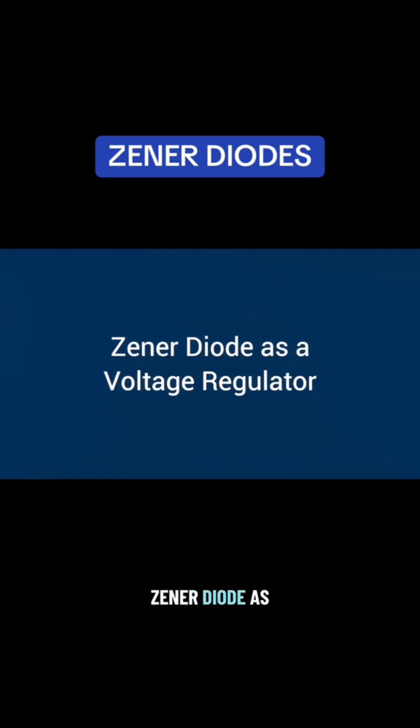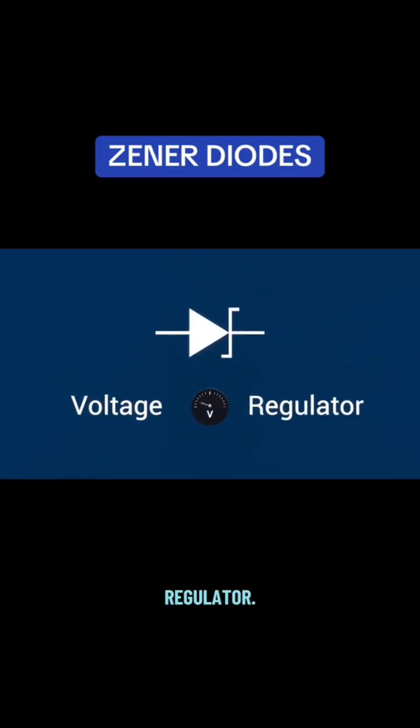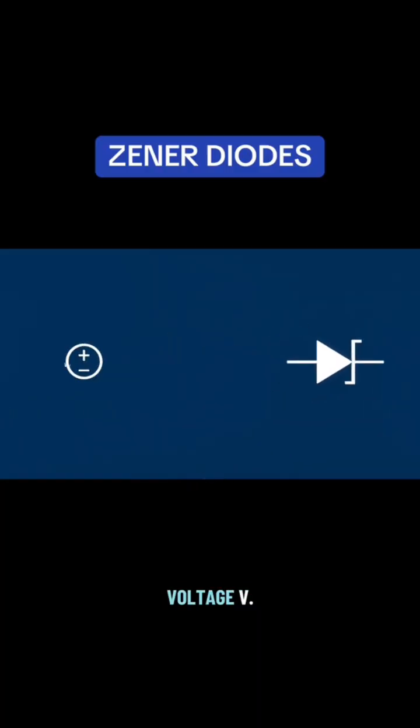Zener diode as a voltage regulator. Now let's look at the most common practical application of a Zener diode, which is when it is used as a voltage regulator. We start with an input supply voltage, Vin, feeding a series current limiting resistor, Rs.